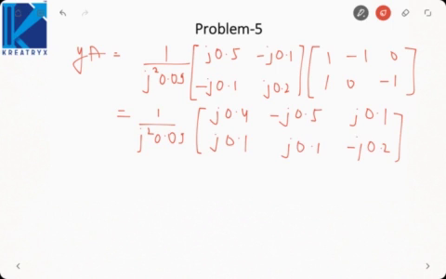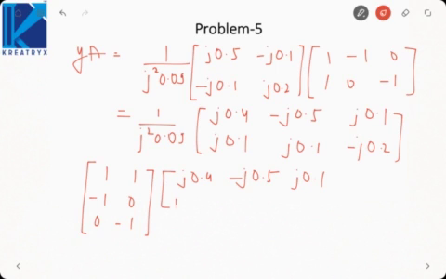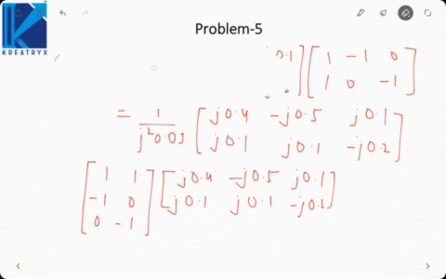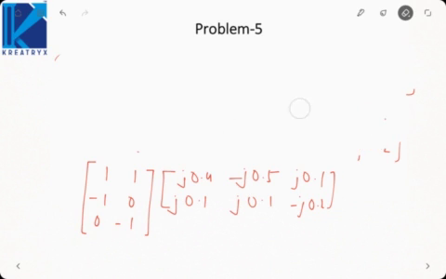Now we have to multiply it by A transpose, that is 1, 1, minus 1, 0, 0, minus 1, with j0.4, minus j0.5, j0.1. Now if we multiply this, we will get a 3 by 3 matrix, so it is better if we draw it in some space. Here we will have an additional factor of 1 by j square 0.09.